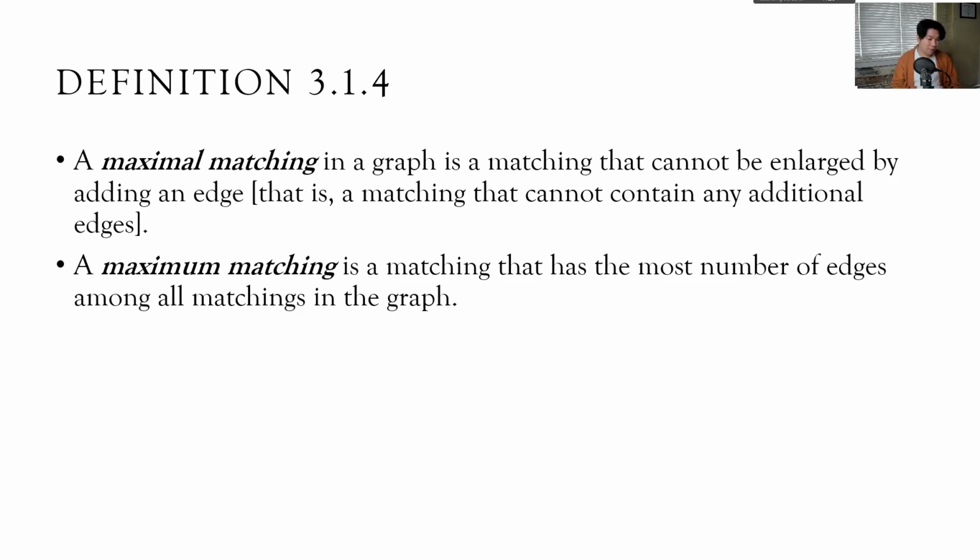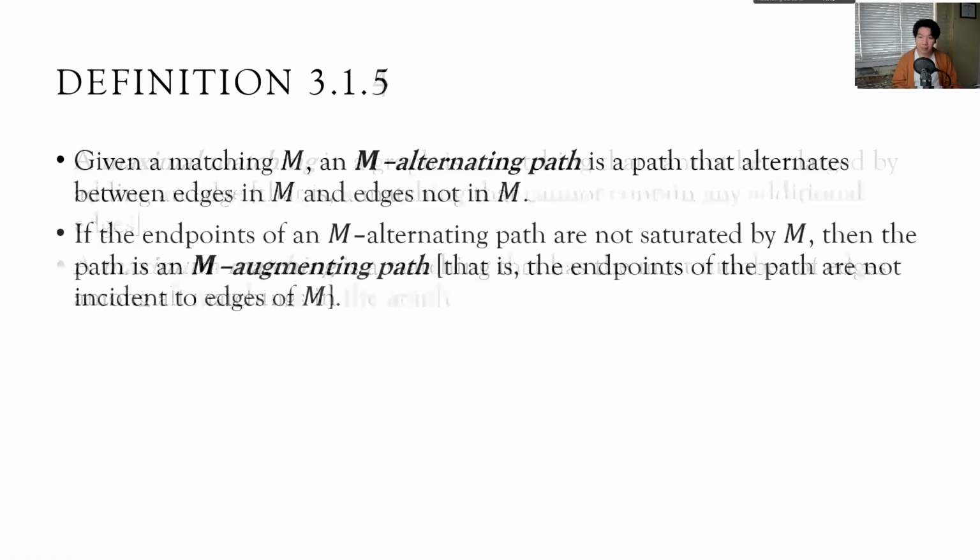So from here, let's go ahead and look at more definitions before we start looking at some of our major theorems. If I have a matching M, we want to talk about an M alternating path and an M augmenting path.